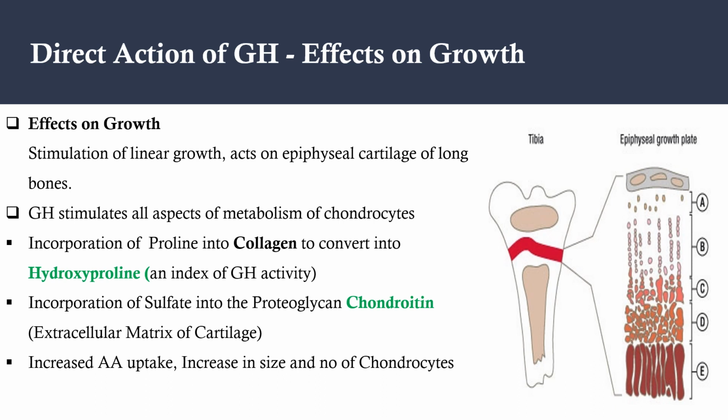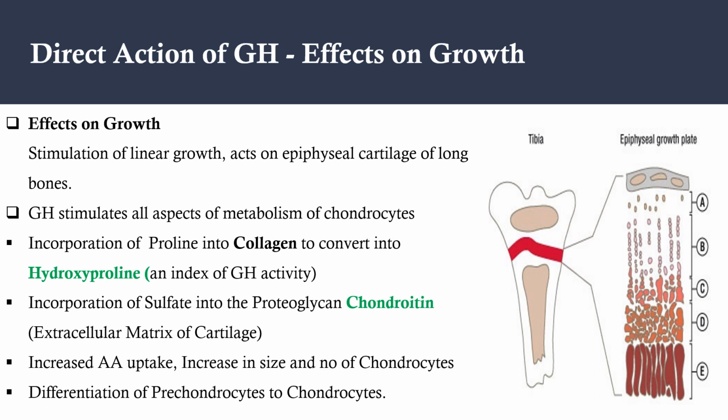There will be increased amino acid uptake and protein synthesis and increased RNA and DNA synthesis in the chondrocytes. There will be increase in the size and the number of the chondrocytes. Growth hormone also acts directly on the progenitor or the stem cells like prechondrocytes in the growth plates of the bone.